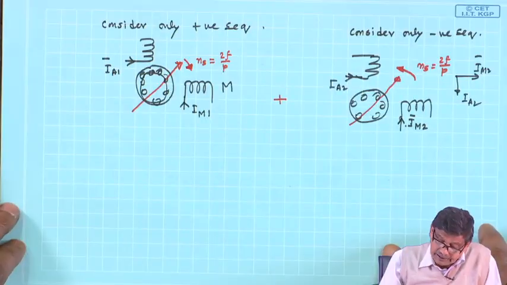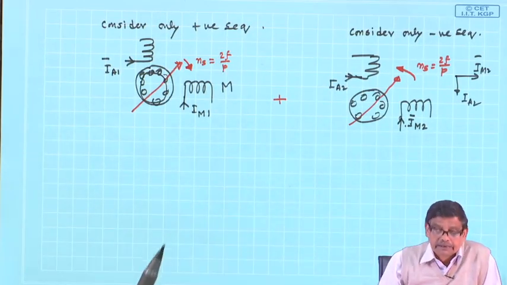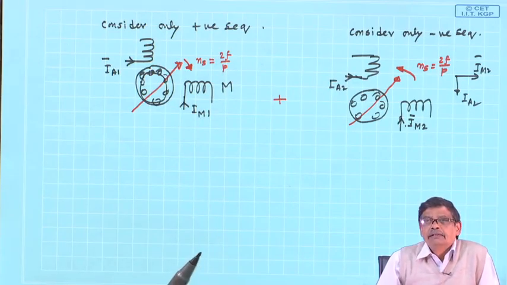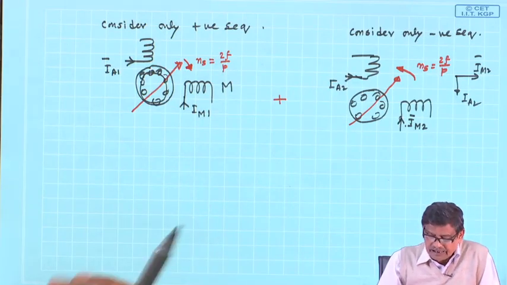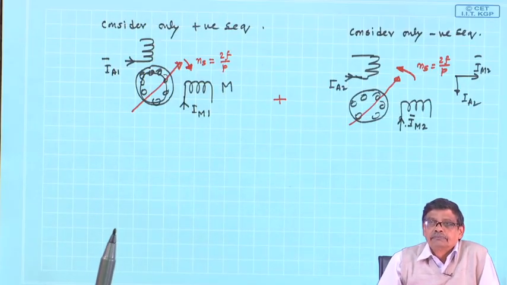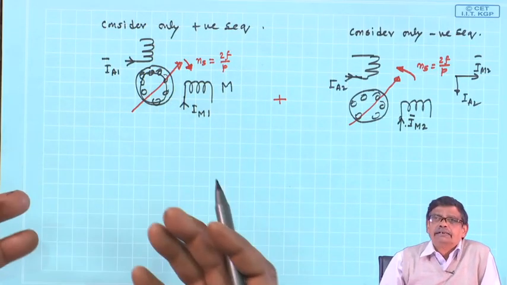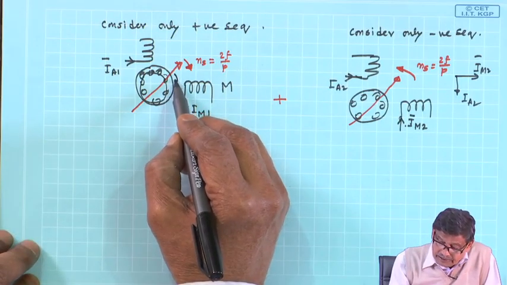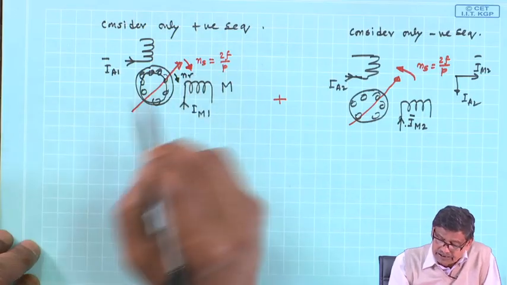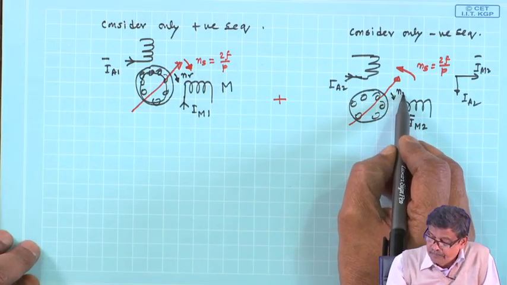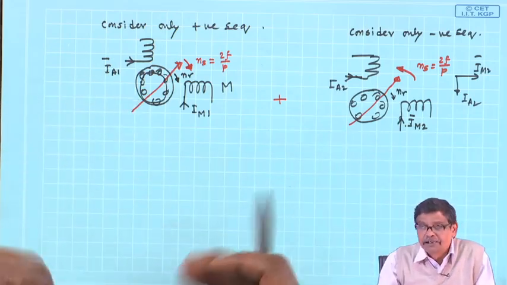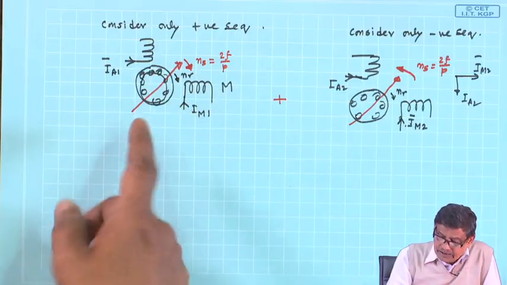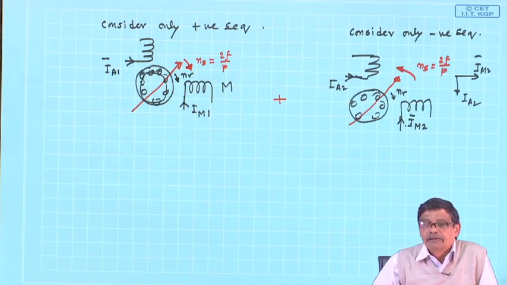Now, suppose that if that be the case, let us also say that the rotor is rotated by some external agency. I want to analyze the machine, so let the rotor be rotating like this. Whether the machine itself has created a torque or is rotating, I am not commenting on that. Let us imagine somebody is rotating it in the clockwise direction with speed Nr.